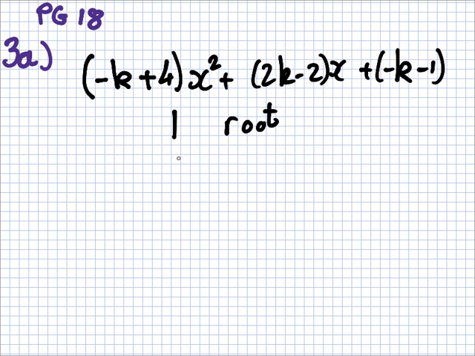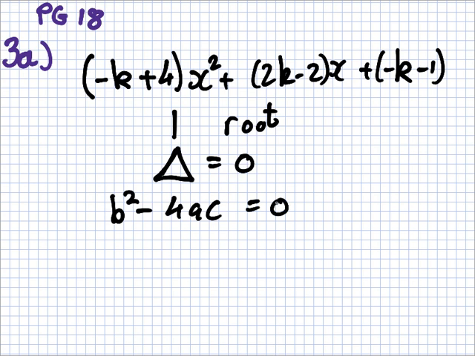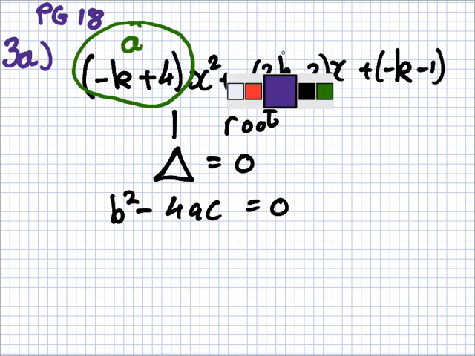Okay. So one root means the discriminant equals 0. That's what one root is. Which means b squared minus 4ac equals 0. And just to be clear, in green here this is a. Blue here this is b.